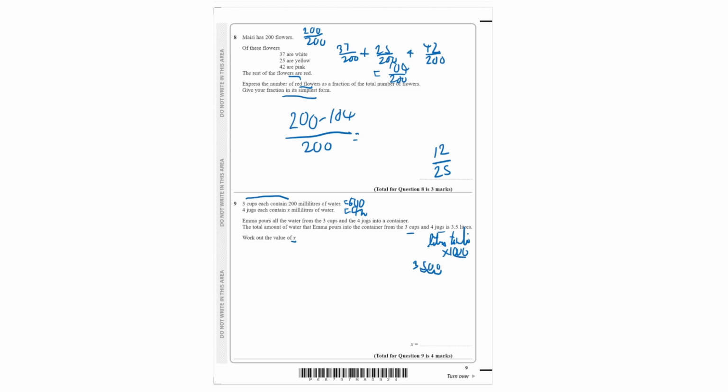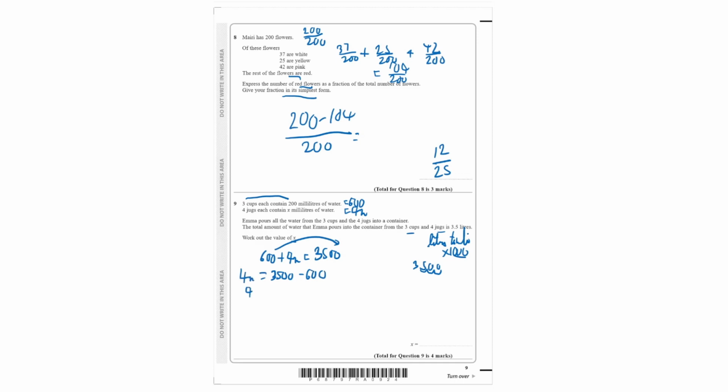So that's 3,500 milliliters. So we know that 600 milliliters plus 4x is equal to 3,500 milliliters. We can bring 600 to the other side and we get 3,500 minus 600 is equal to 4x.